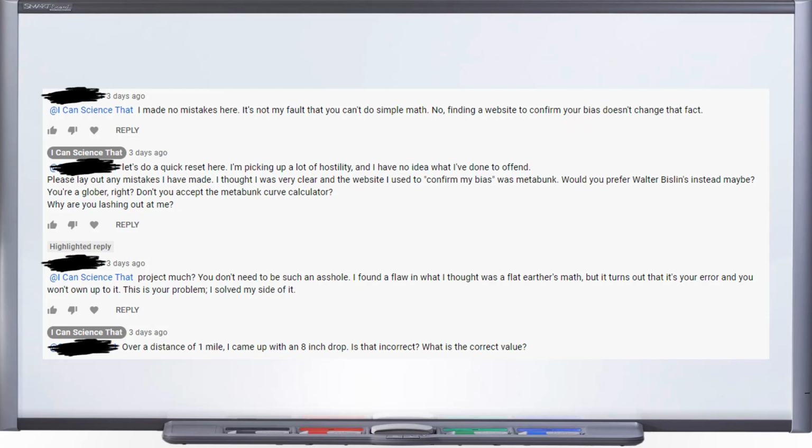The website, you'll recall, that confirms my bias is the Metabunk Curve Calculator. So I'm still under the impression that this individual is a glober, who is trying to attack me for using Metabunk Curve Calculator to confirm my bias against his math.